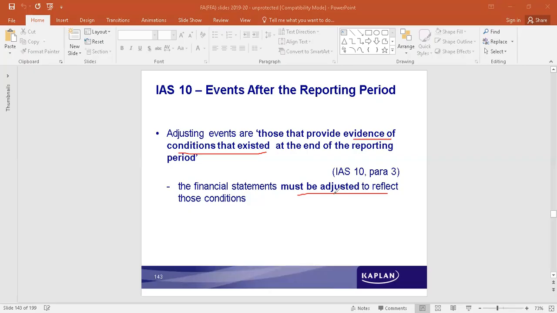Of course, that is related to the accounting period only. But it was not realized or recognized and recorded in the form of journal entries, ledger posting, etc. So directly it will be taken into the financial statements and the posting would be done. Adjustments would be done. So they are called adjusting events.